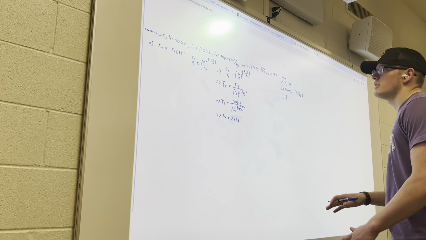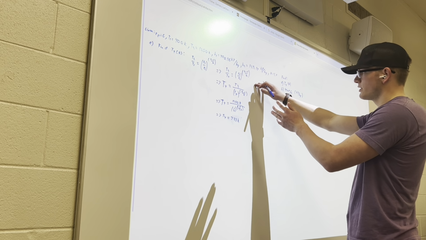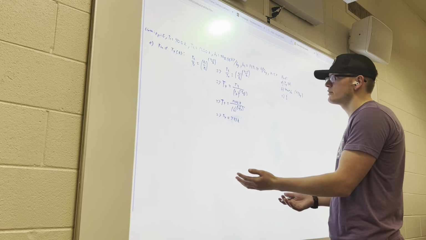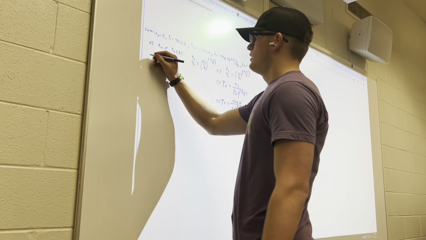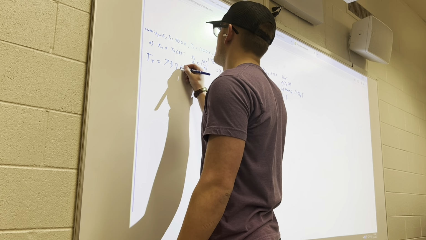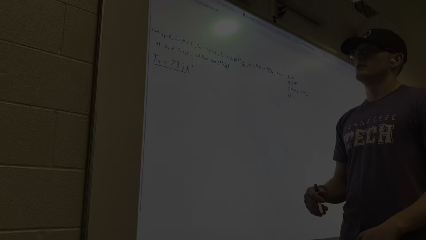So we went from our base formula, applied it to our situation, solved for the variable that we didn't know, and we got our answer: T4 equal to 739 Kelvin.